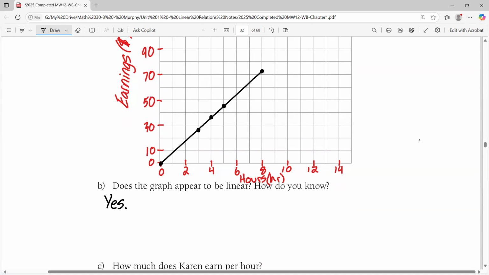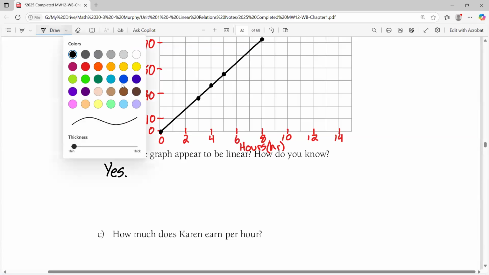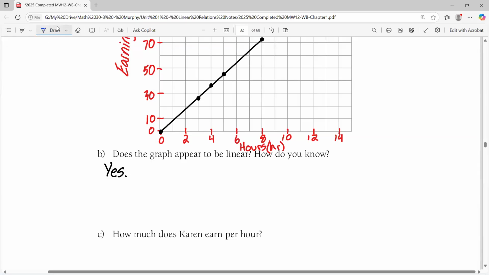But there are some graphs where it'll look linear, but if you actually crunch the numbers, the slope might be off in certain places. So how are we going to do this? We're going to take the slope from 2 sections, from here over to 0 and right here. Because if we have the same slope along the line in 2 sections like that, that's going to tell us, yes, it's linear.